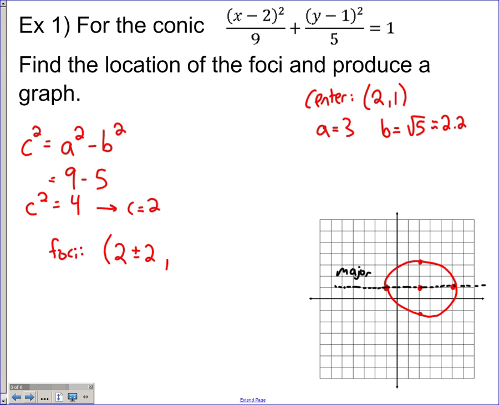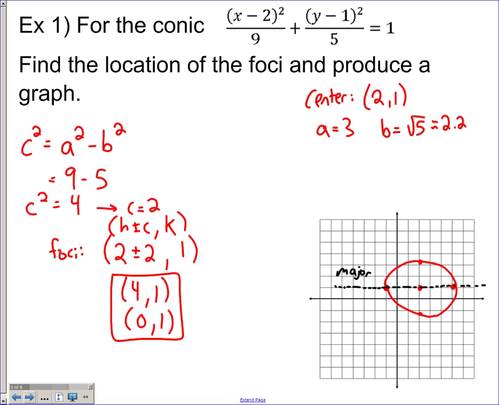It still has the y value of 1, so I'm really taking h plus or minus c, k. That's my general formula. And that's going to give me 4, 1, and 2 minus 2 will give me 0, 1. So there's where my foci are located. The first focus is 0, 1. The next focus is 4, 1. And we've produced an accurate graph.